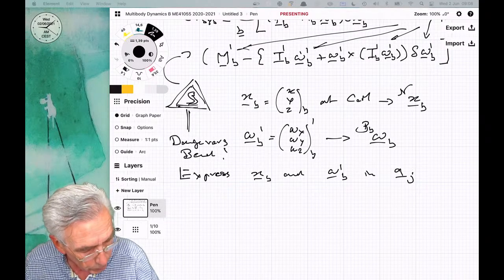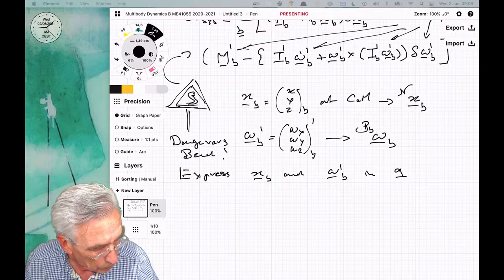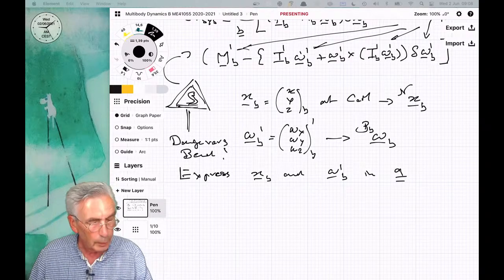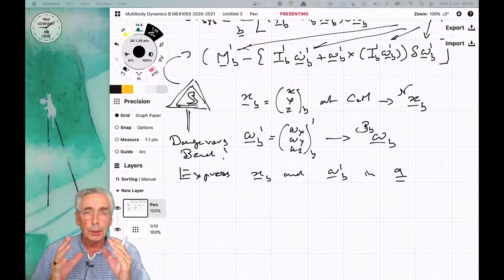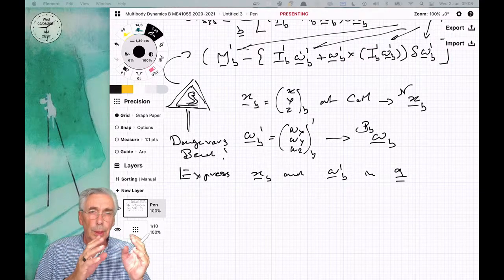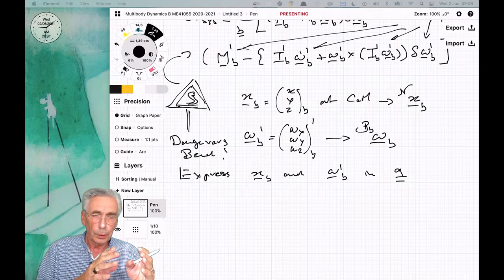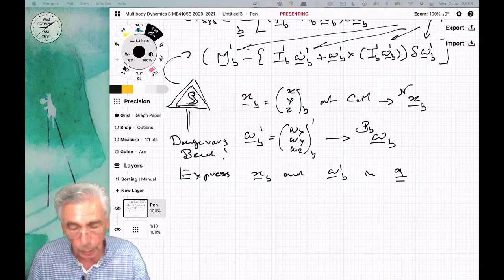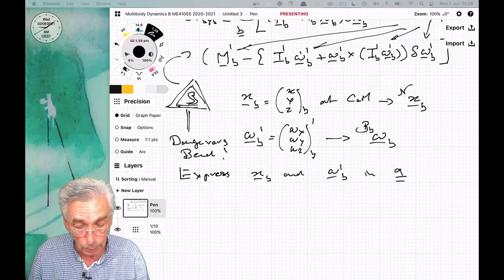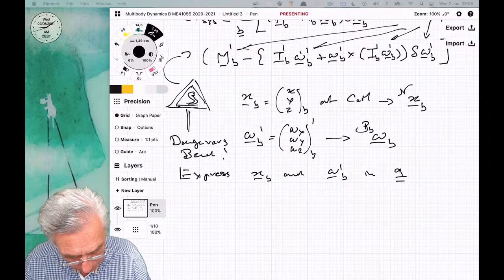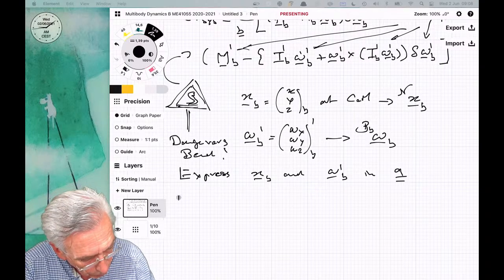That's a very strange mixed notation, so maybe I'll just do a vector here too. So we have to express all the COM coordinates and all the body fixed angular speeds in terms of our generalized coordinates. By the way, note, still no angles. Interesting.